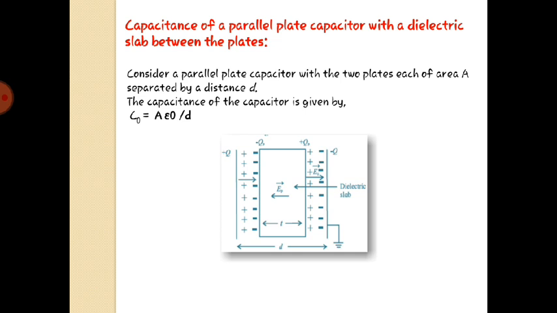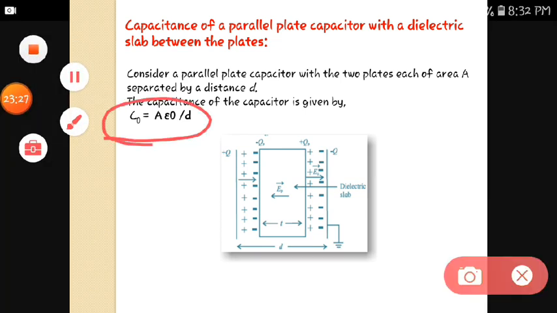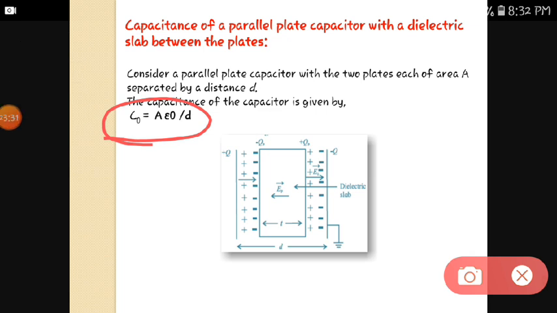As we have just derived the formula, C is nothing but A epsilon 0 by D. So this is what we derived when the dielectric material is not there. And what is the value for E? That also we have derived. We are going to write it in terms of C0 and E0 so that we can distinguish.